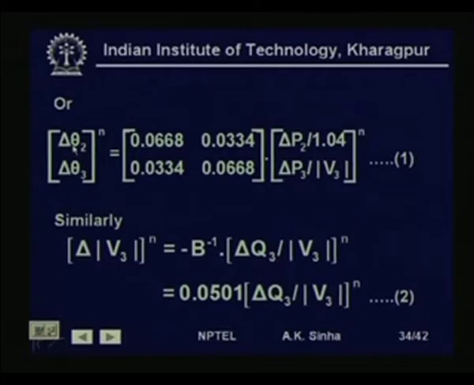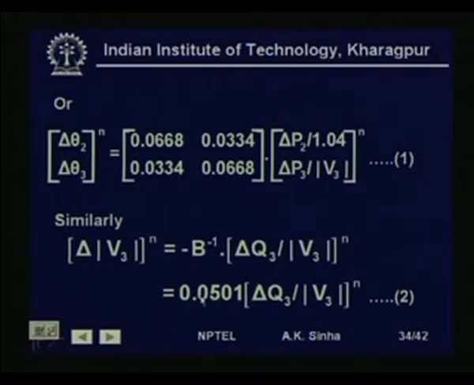Or we can write delta theta 2, delta theta 3 at nth iteration. This is the value of B inverse. So, this into this will give me the value of this. Similarly, del V3 at n is minus B inverse into del Q3 by V3.